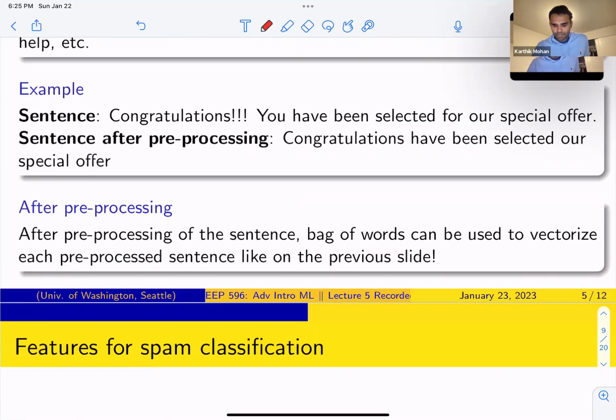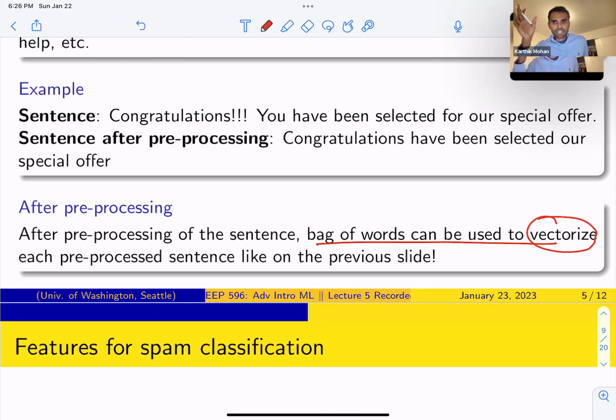And after pre-processing of the sentence, bag of words can be used to vectorize. So vectorize is putting a set of words into a vector through the bag of words representation. So remember, a sentence is a set of words. It doesn't have any numbers, or it's not a numeric type, right? It's not a numerical attribute. But once you use the bag of words model, you know each dimension represents a word.